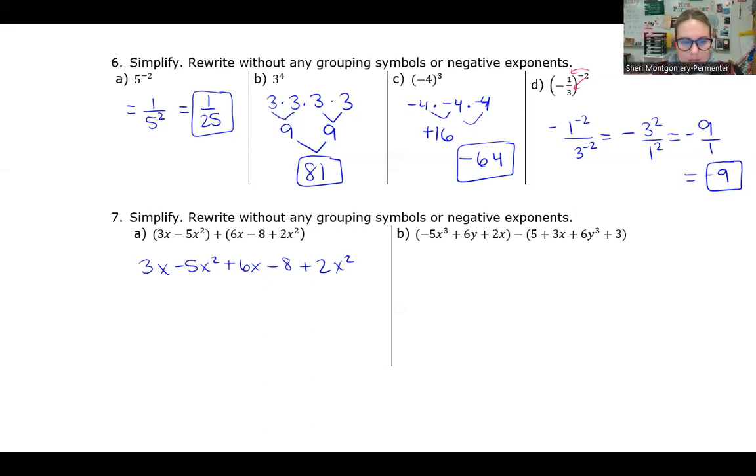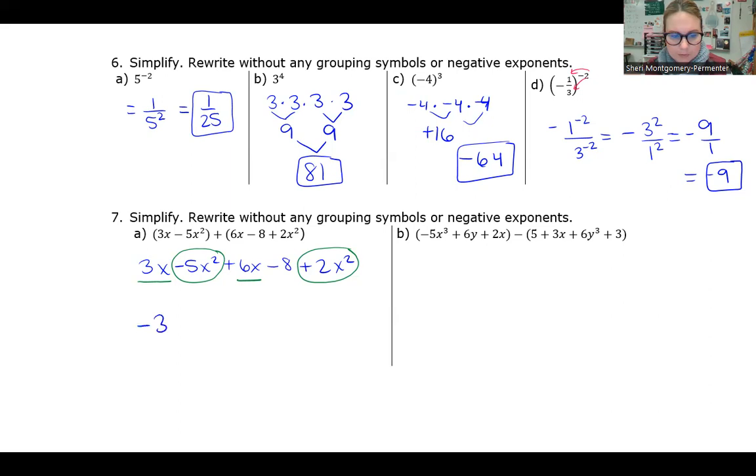So I have an x term. Those are all the x terms. These are squared terms. So I can combine like terms. So remember, anytime you're adding or subtracting, what do you do with the exponents? Nothing. So I'm going to start with the biggest exponent. So I have -5 plus 2, or 2 minus 5.